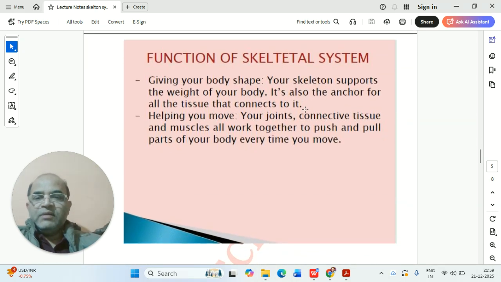Second one is helping you move. Your joints, connective tissue, and muscles all work together to push and pull parts of your body every time you move.